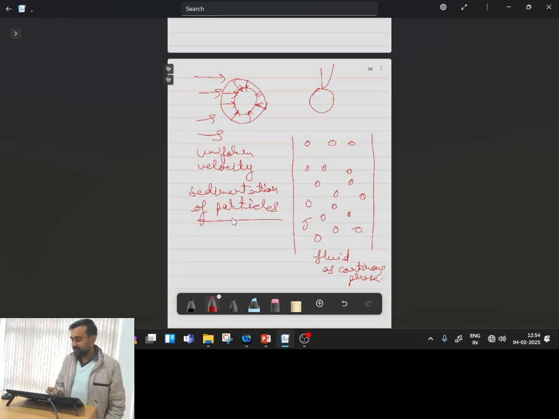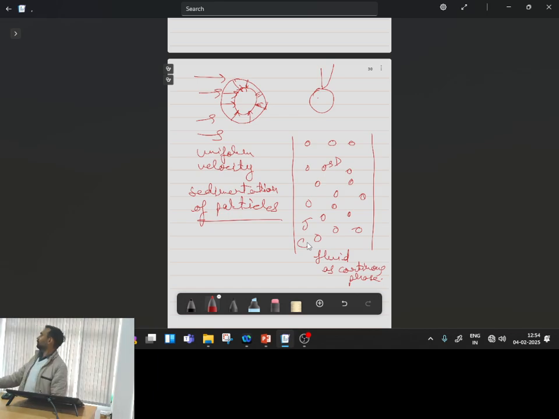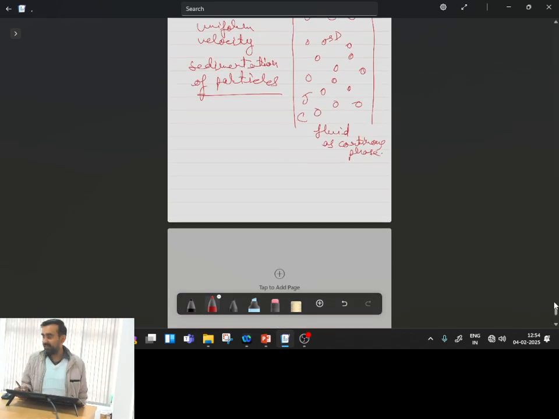For this situation, can you write down the momentum and continuity equation for dispersed phase and continuous phase? Let's write down only the momentum equation. What will be the momentum equation for the dispersed phase? On the left hand side, how many terms do we have?